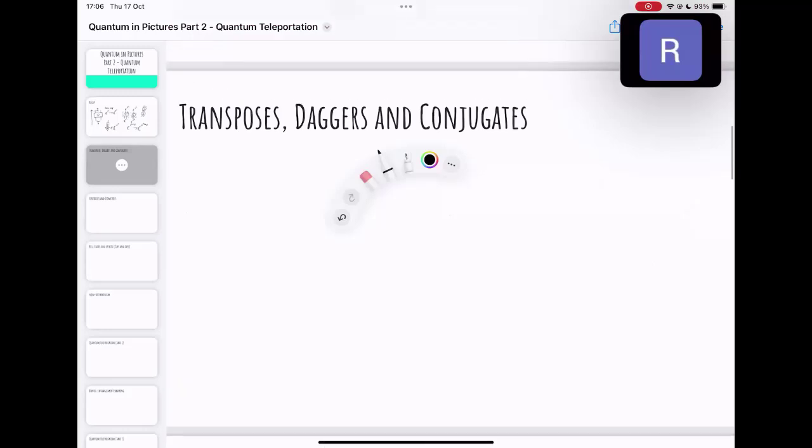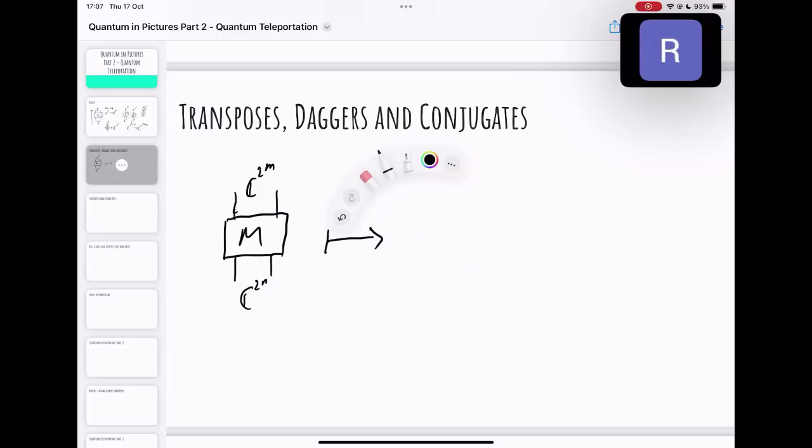I'm not sure whether this was covered last time, but I'm going to go through them again, which is transposes, daggers, and conjugates. Given a linear map, you can take the vertical flip.